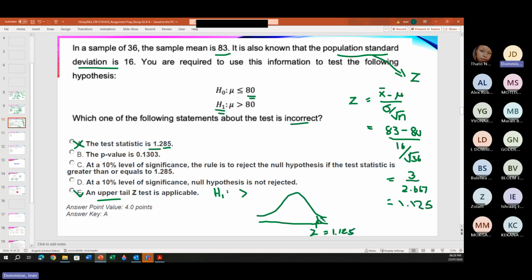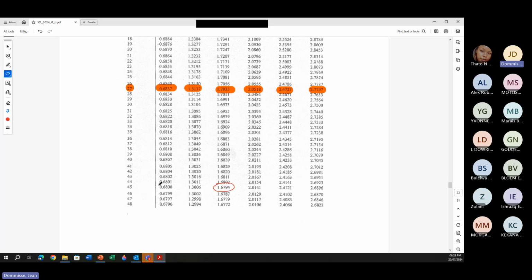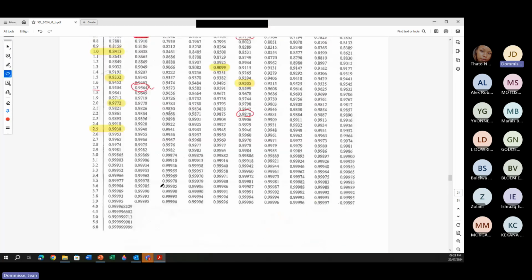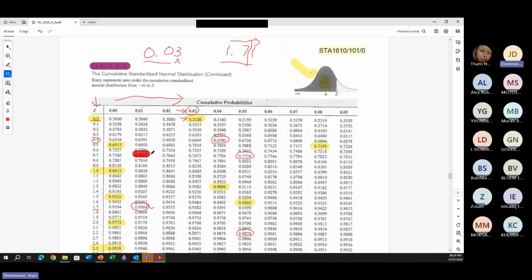Upper tail, so I want to get that p-value. Let's go to the Z table. 1.125 would give me that area.